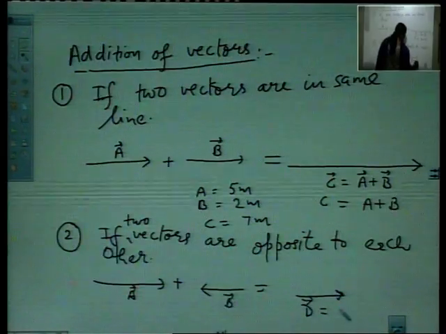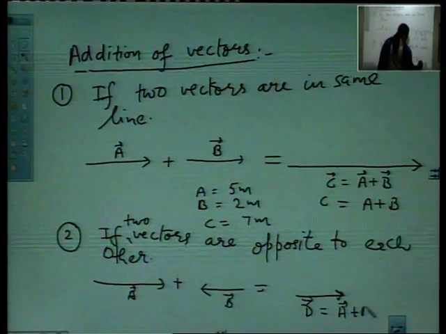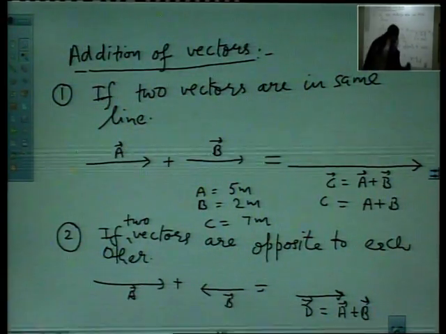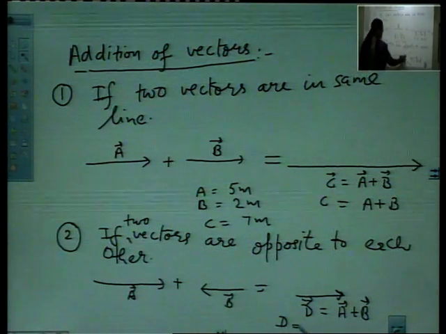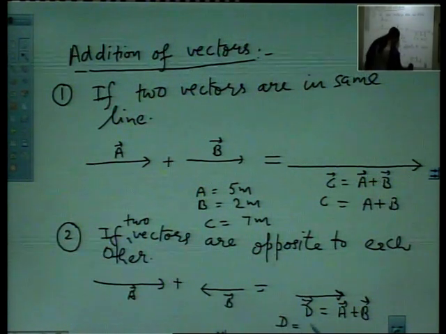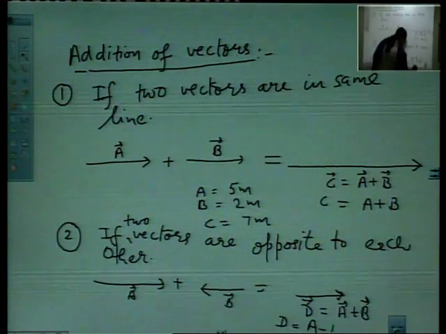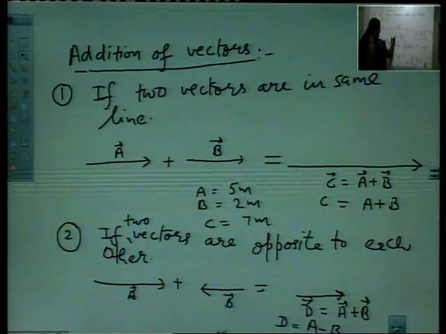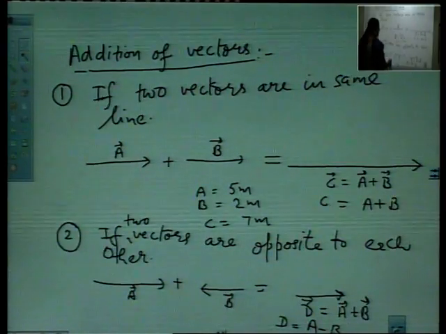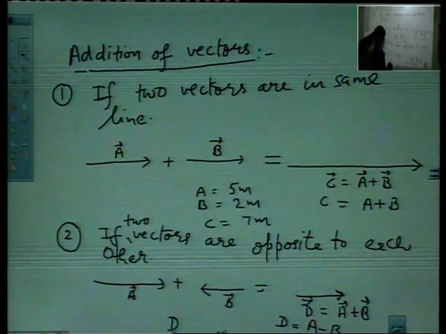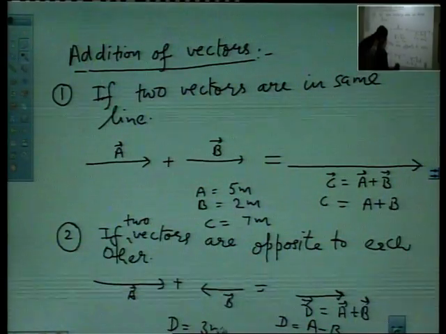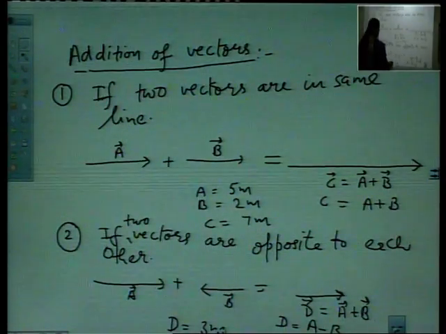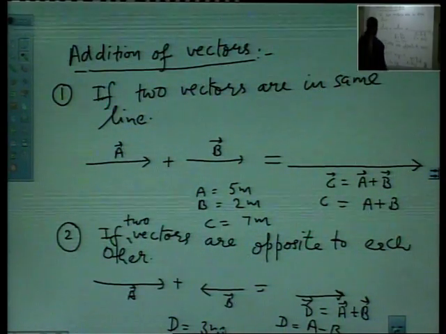D vector is equal to A vector plus B vector. This is the addition of A vector plus B vector, but the length of D vector would be equal to the length of vector A minus the length of vector B. As we have taken the example, A is equal to 5 meter, B is 2 meter, so the length of vector D will be equal to 3 meter. This is the length of A minus the length of B, which is equal to 3 meter.